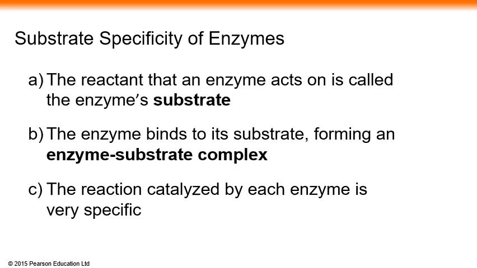When sucrase acts on sucrose, then sucrose is what we call the substrate. And the enzyme binds to its substrate, forming an enzyme-substrate complex. The reaction catalyzed by each enzyme is very specific. So one type of enzyme is going to catalyze just one kind of biochemical reaction.